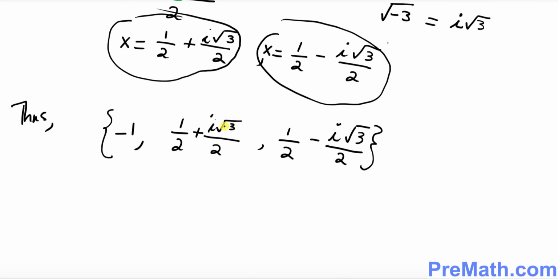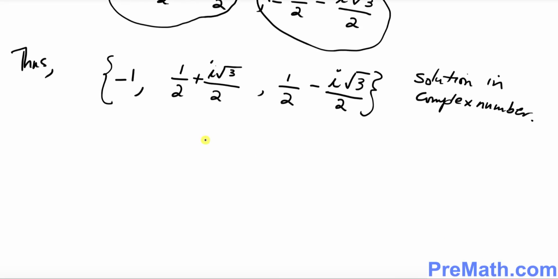As you can see, whenever an imaginary number i shows up, they become complex numbers. So these are our complex numbers. So just be careful, the solution is in complex numbers. If your professor wants the real solutions, then you have to be very careful.